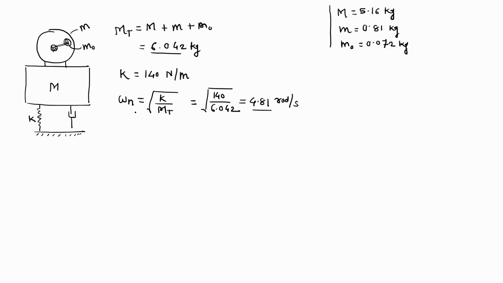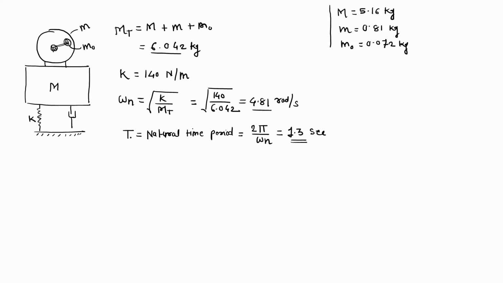Now from this omega n, we will find out the time period, which is called the natural time period. How to convert frequency to time period? We have the formula 2 pi divided by omega n, that is T is equal to 2 pi upon omega n, which is equal to 1.31, about 1.3 seconds.